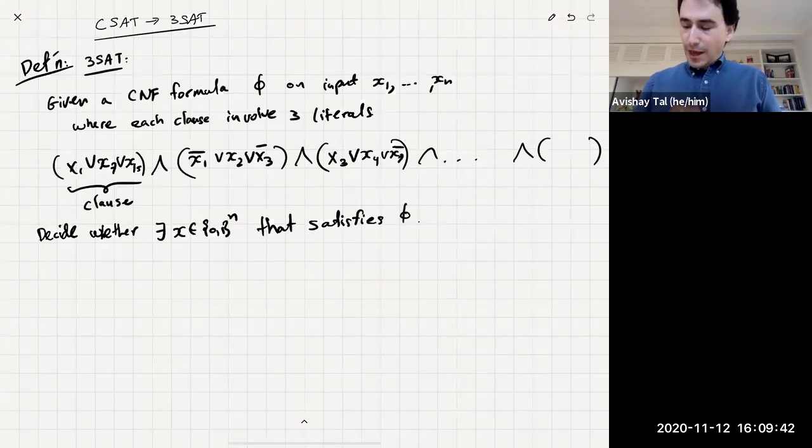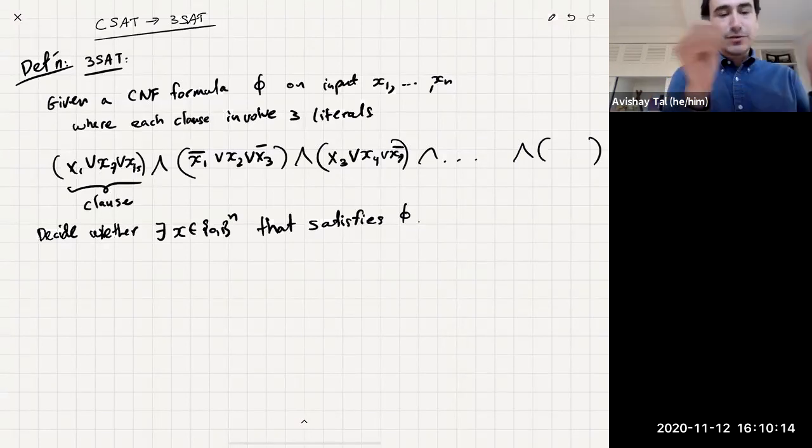In other words, you need to decide whether there is some assignment to these n variables such that each clause is satisfied, right? In order to satisfy this entire AND of clauses, we need to satisfy each clause individually. And each clause involves three variables. So particularly, we have to have that either x1 is 1, or x7 is 1, or x15 is 1. We have to have it that either x1 is 0, x2 is 1, or x3 is 0, right?